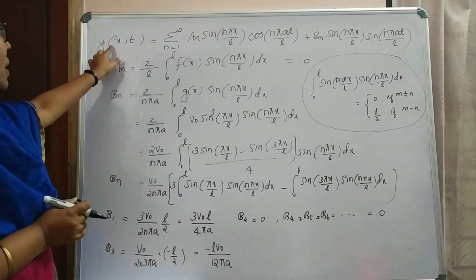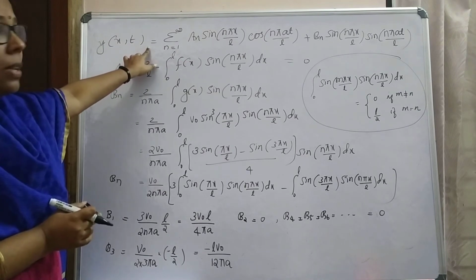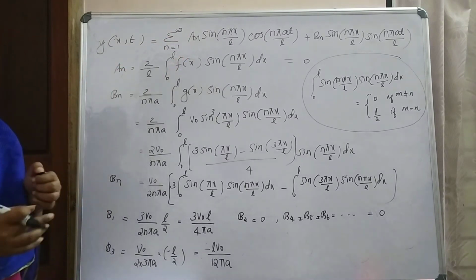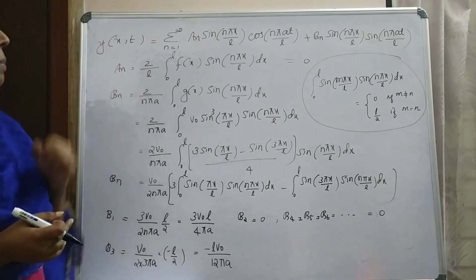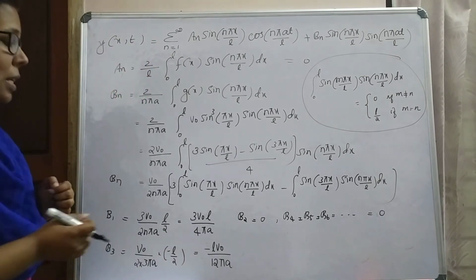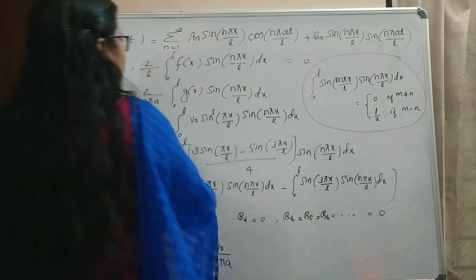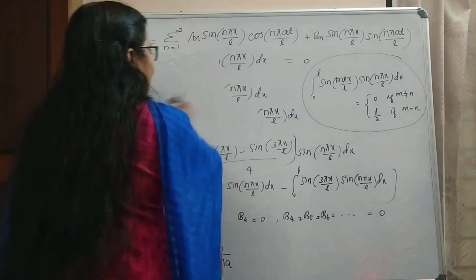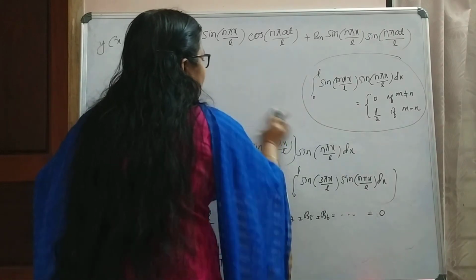Now we have to find y of x comma t, which is sigma n equal to 1 to infinity an sin(nπx/L) cos(nπat/L) plus bn sin(nπx/L) sin(nπat/L). Here an equal to 0. Therefore y of x comma t contains only bn.